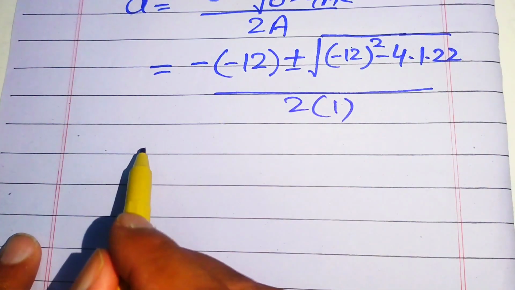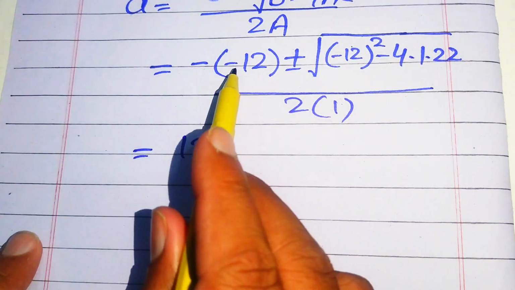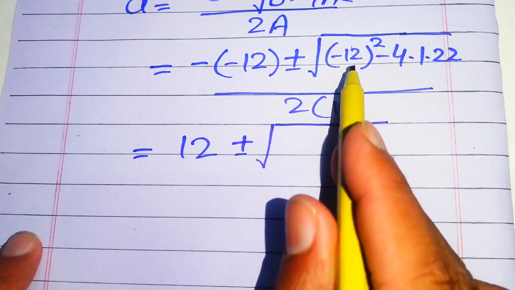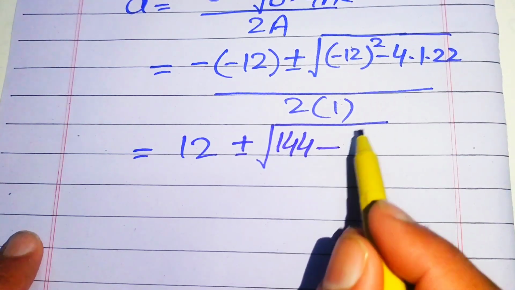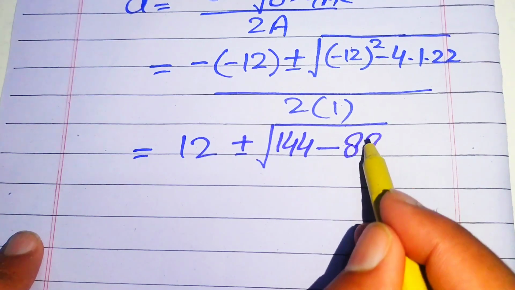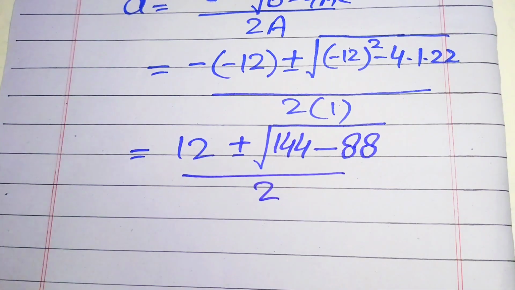In the next step we need some simplifications: minus times minus becomes plus 12, and plus minus square root of minus 12 square equals 144, and 4 times 22 equals 88, and this is divided by 2.